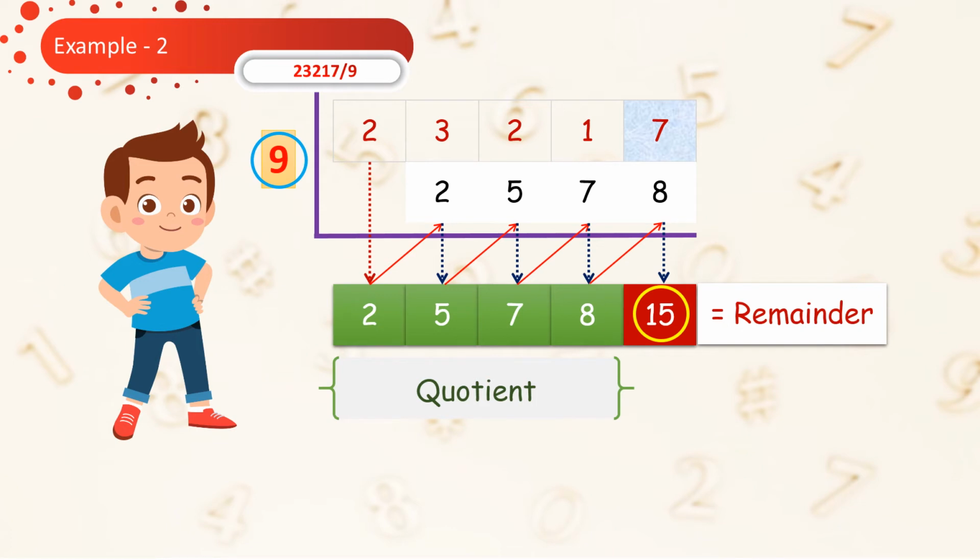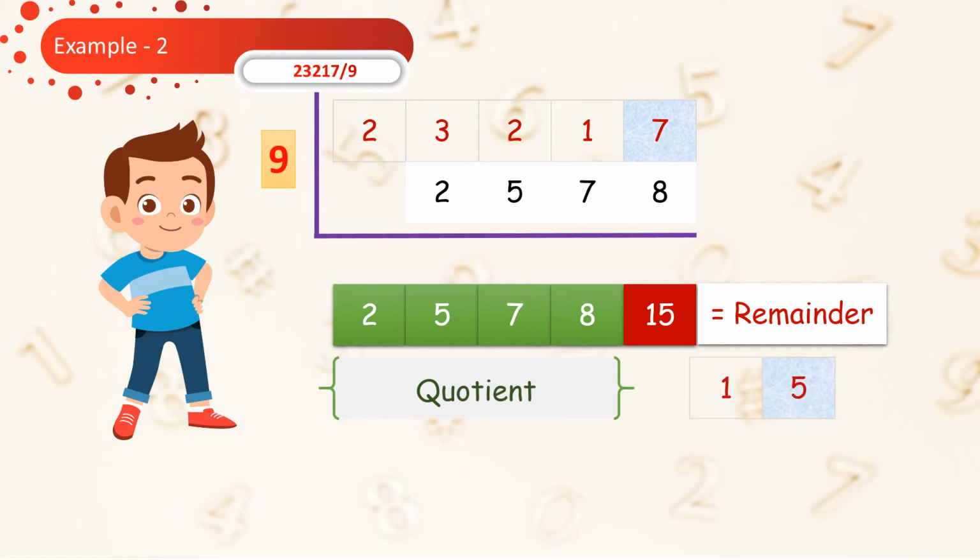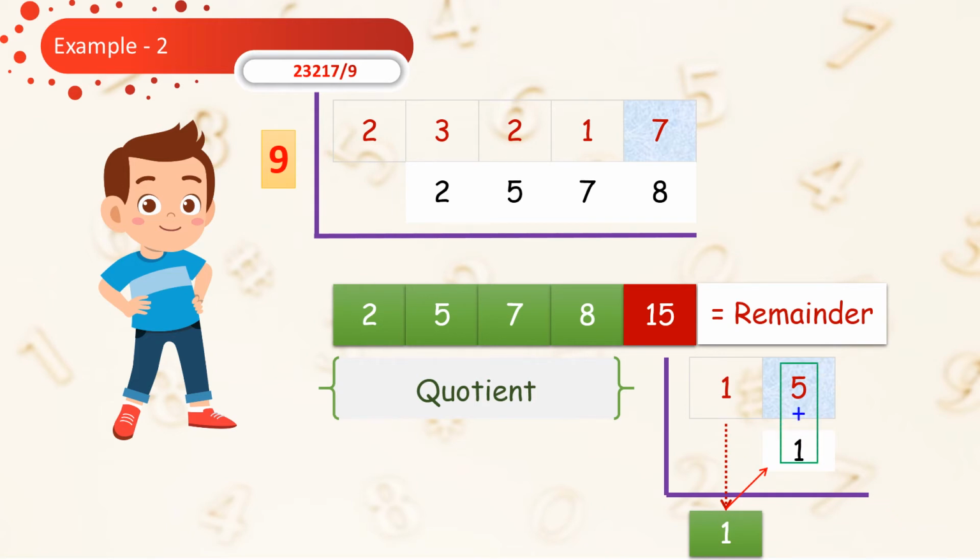15 and 9, so we saw that 15 is greater than 9. So we are going to repeat the process now. So the way we are going to do that is we are going to write 1 and 5, similar to how we wrote the original number. And we put the 1 straight away, then you add 1 to 5, leaving a final remainder of 6.